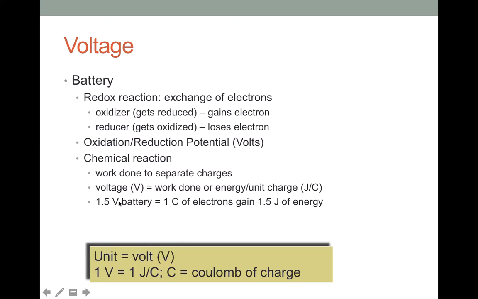If we say something has 1.5 volts, which is a typical voltage for a battery, it says that 1 coulomb of electrons flowing out of the battery will gain 1.5 joules of energy, because a volt, the unit for voltage, is defined as the average energy or work done per unit charge. So 1 volt is 1 joule per coulomb of charge.